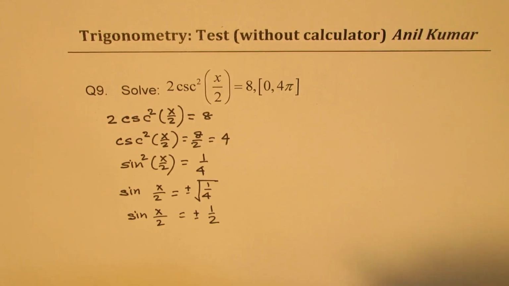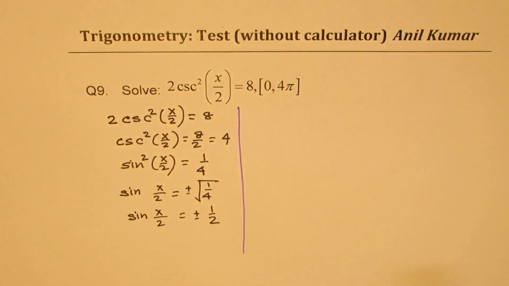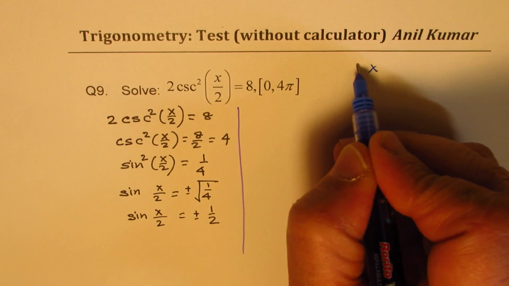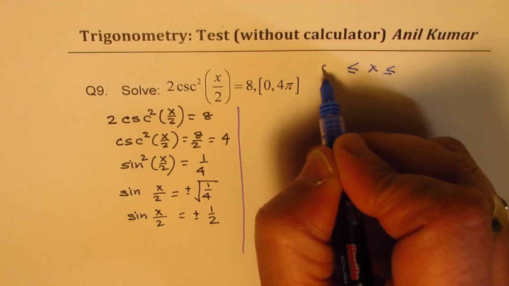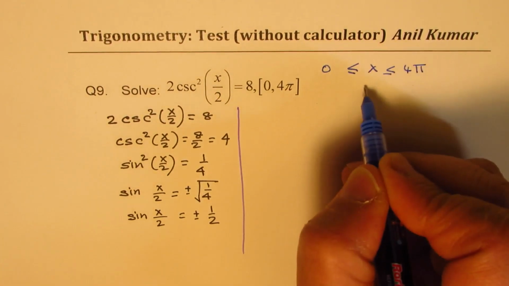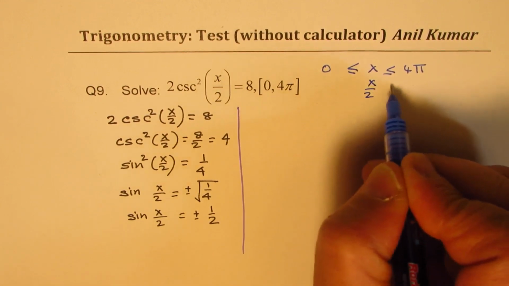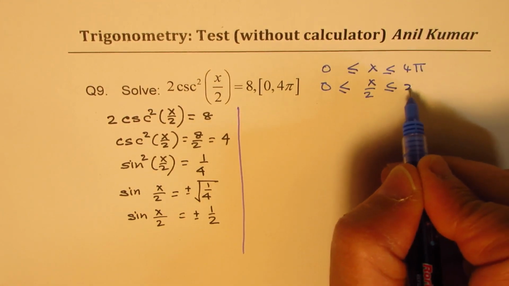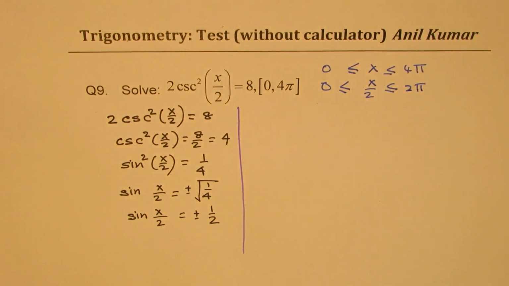Now another important thing to consider here is the domain. We are given the domain of x as between 0 to 4 pi, correct? So for x by 2, we have to divide both by 2, so we get 2 pi. You understand? So within 2 pi, we have to get all our solutions.